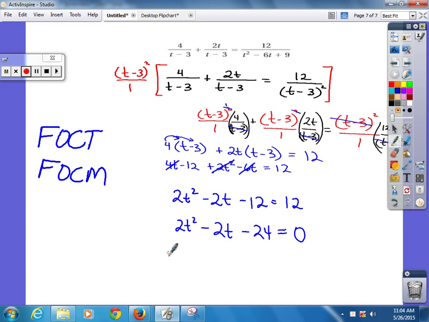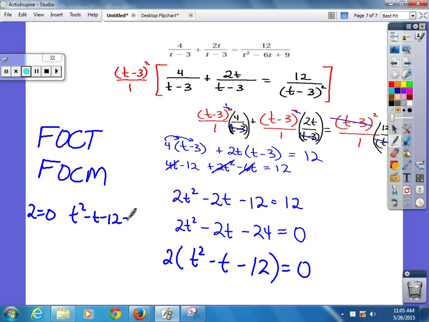All right, factor out a common term. So 2 is equal to 0, and t squared minus t minus 12 is equal to 0, and that's untrue.